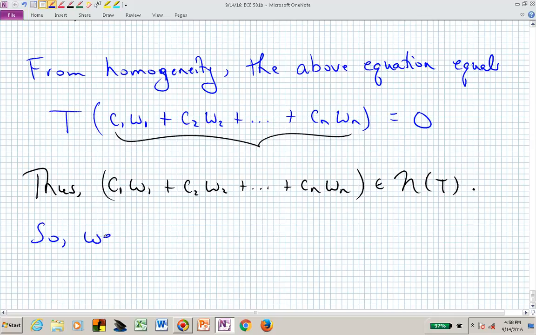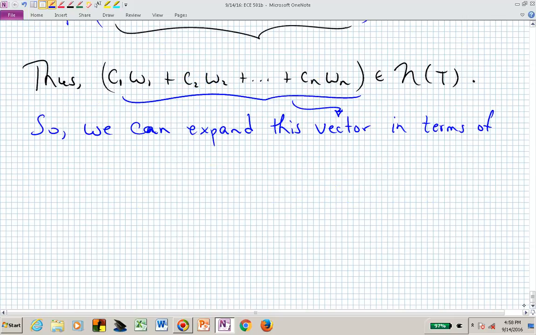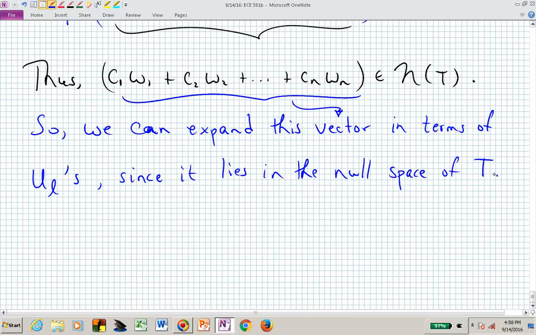So we can expand this vector, which I'm referring to, in terms of the basis vectors, which we were labeling as the U's, since that vector lies in the null space of our linear map T.